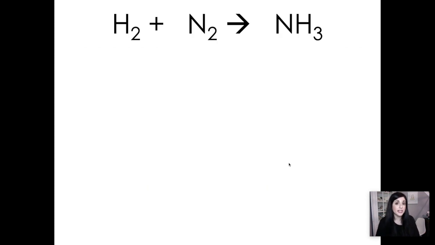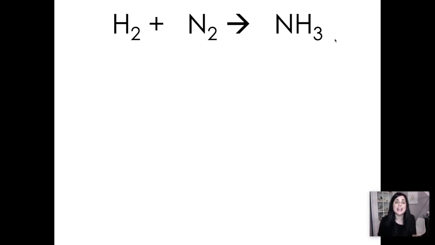However, when we look at this equation, this particular equation is not balanced. This equation does not satisfy the law of conservation of mass. The number of hydrogen atoms on your reactant side is not equal to the number of hydrogen atoms on your product side. You have to have the same number and type of atoms present in your reactants and your products.